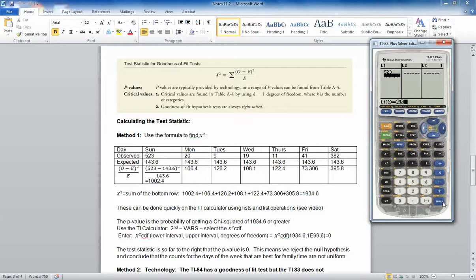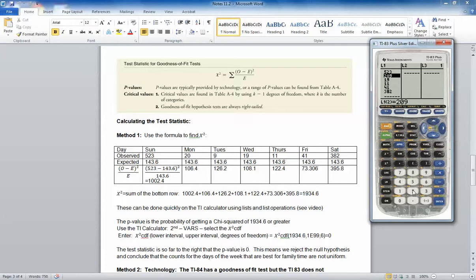20, 9, 19, 11, 41, and 382. So those are observed values. Let's see, do I have them all in there? 523. Oh, I have these. Okay, so let's go back up and edit that.